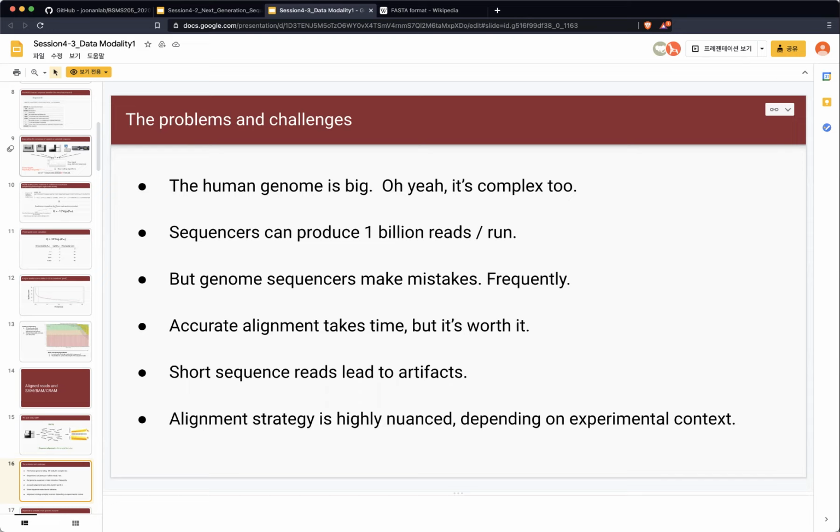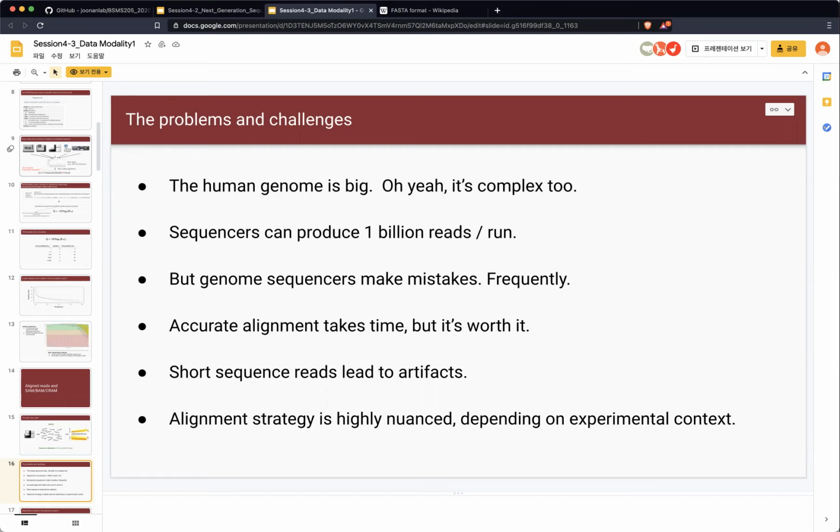So computational resources are always a limited situation, but it can be possible. Always keep in mind that it takes memory and CPUs. So alignment is not always an easy issue to figure out, right? And the alignment strategy is always quite complicated.